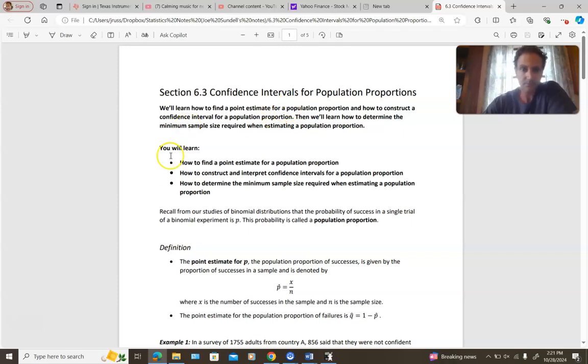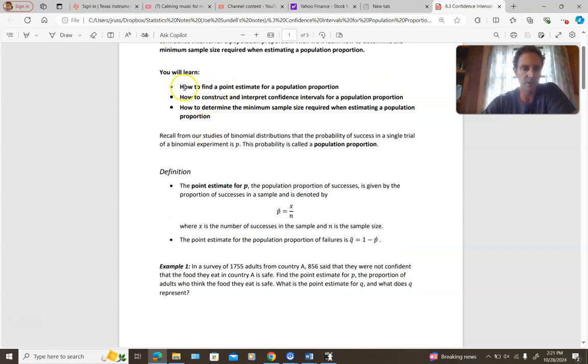All right. So let's look at these learning objectives. Hopefully we can do this one in a little less time, since a lot of the conceptual theory we've really already covered. So we're going to look at how to find a point estimate for a population proportion. We're going to construct confidence intervals for that population proportion.